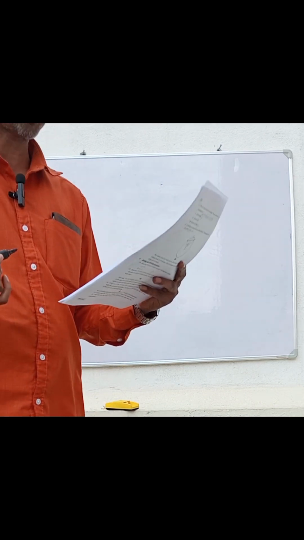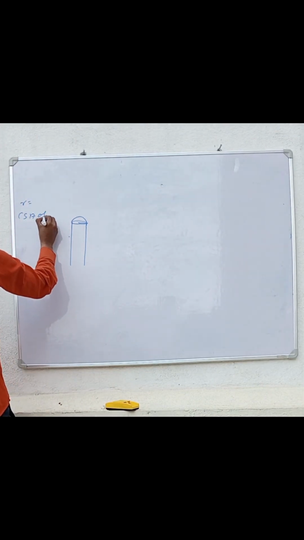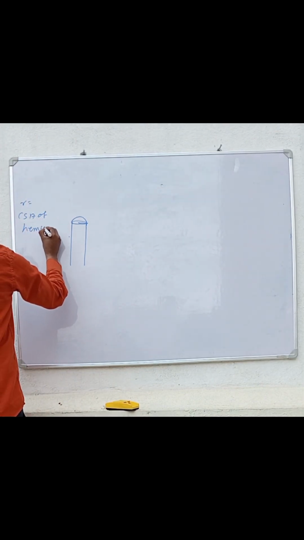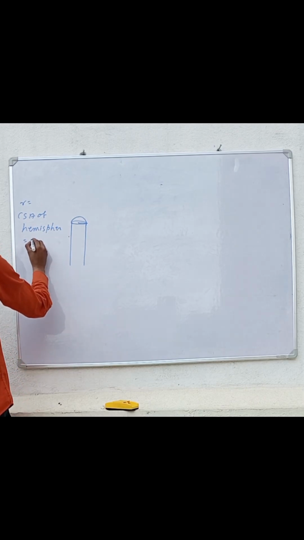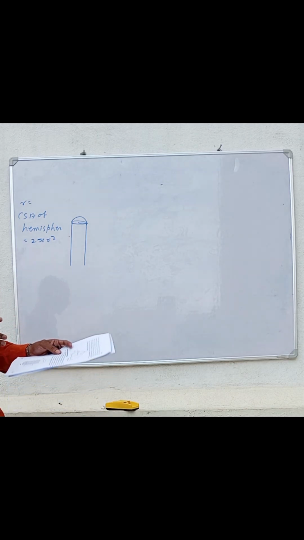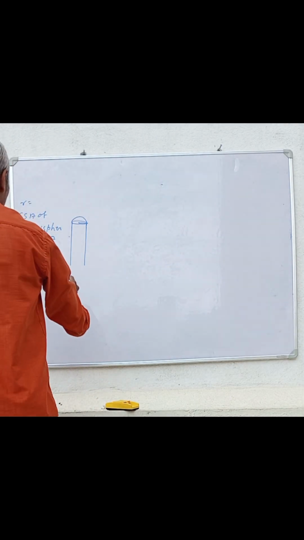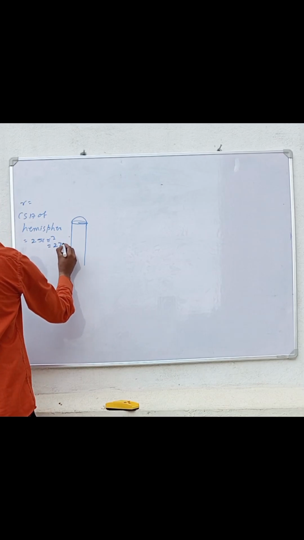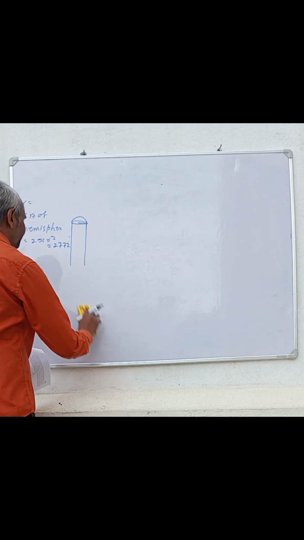The curved surface area of the hemisphere, CSA of hemisphere, is equal to 2 pi r square. This is the curved surface area of a hemisphere. It is given as 2772 centimeter square.